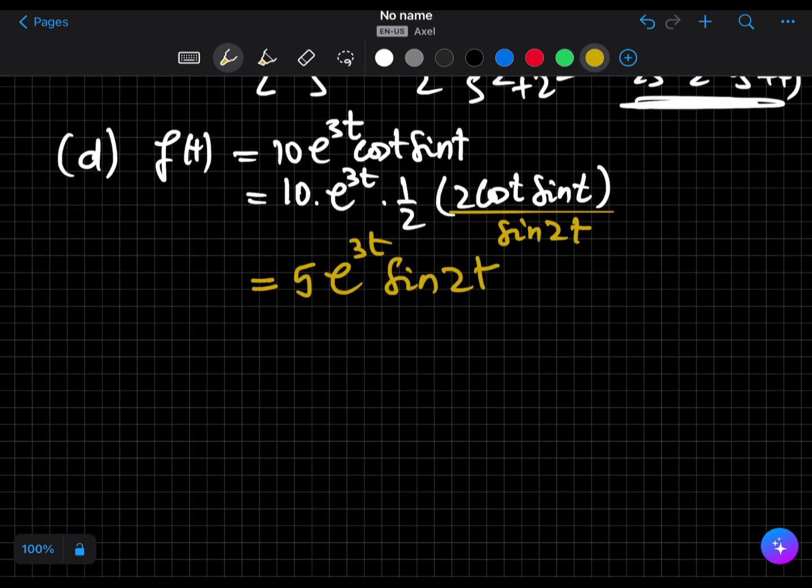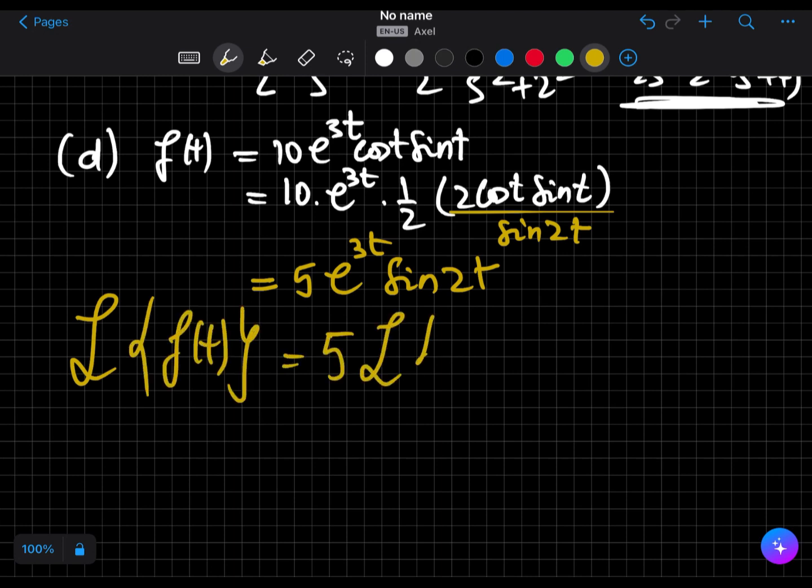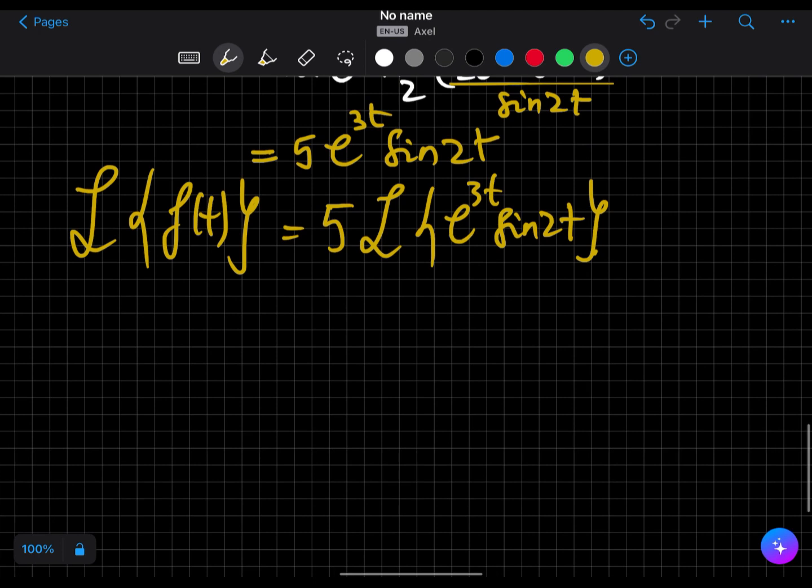Then the Laplace transform of f of t will be equal to 5 times the Laplace transform of e to the 3t sine 2t. And right here again, we will use the first shift theorem.